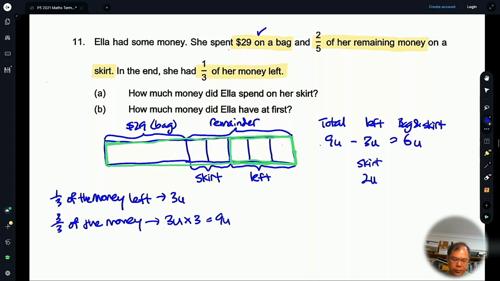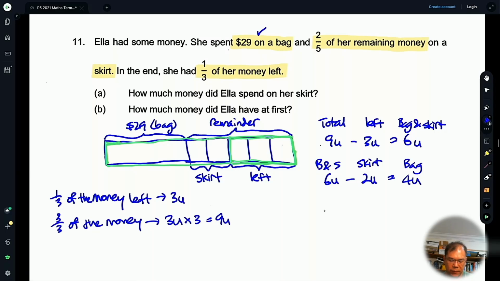Alright, so bag and skirt, okay, I'm just going to use B and S, it'll be easier. B and S, the bag and the skirt is 6 units. Now the skirt is 2 units, so the bag is 4 units of money, right?